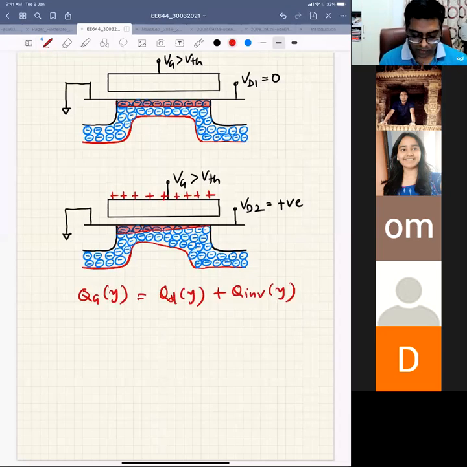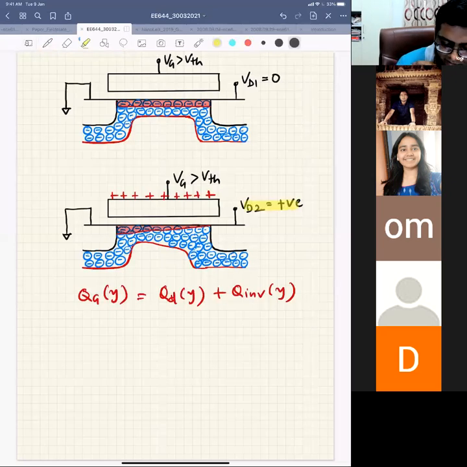If I apply some positive drain voltage, your depletion charge in the drain side is increasing, because the drain body junction is becoming more and more reverse biased. If Q depletion is increasing, because your QG is constant, Q inversion will reduce.